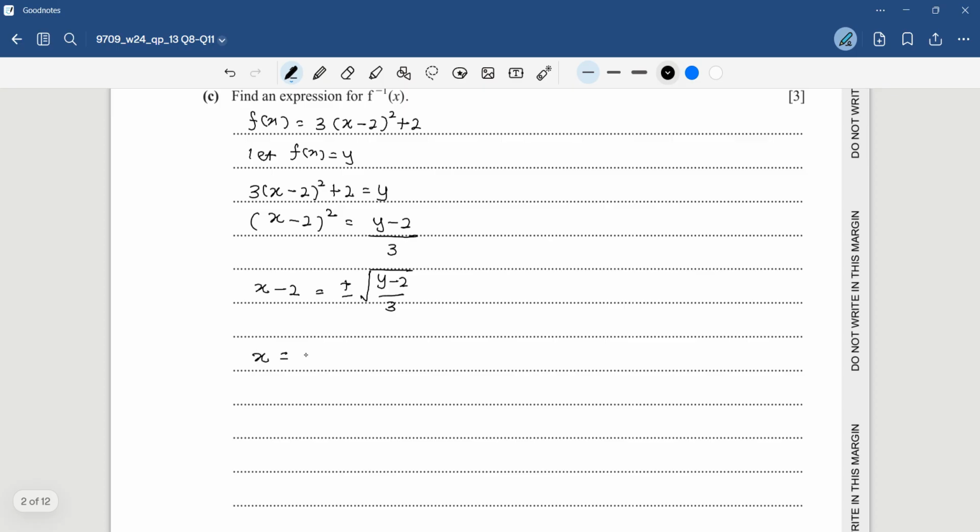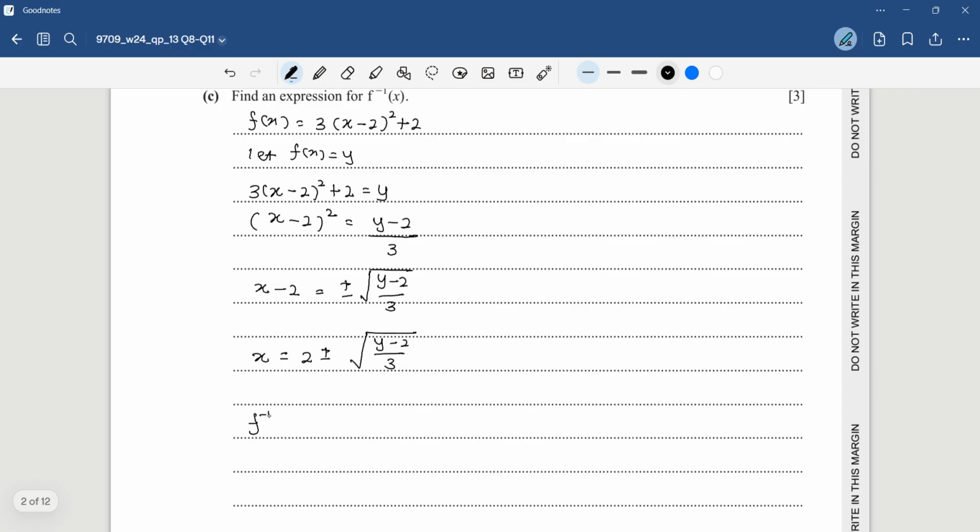So your x will be 2 plus or minus the square root of y minus 2 over 3. For converting it into an inverse, everyone has their own method. This is my idea: I let the function equal y and make x the subject. Then that will be my inverse function.